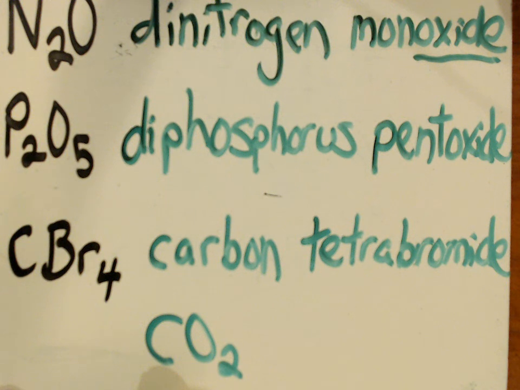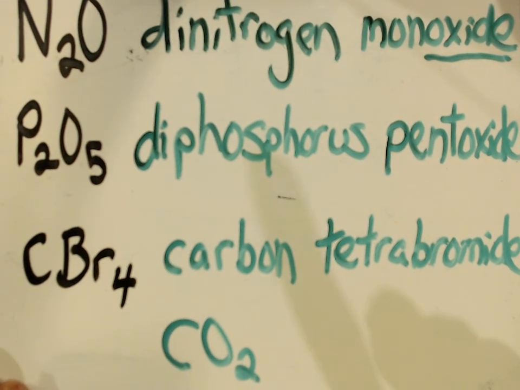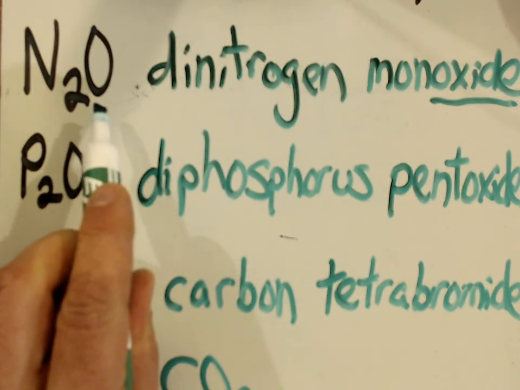It has not been called, and you've never called it monocarbon dioxide. In fact, if you heard somebody else call this monocarbon dioxide, you might wonder who their teachers were. Okay, so this is simply carbon dioxide. Similarly, this is carbon tetrabromide, and that is the only rule I would say. Do not use mono for the first element ever. Only use it to represent 1 of the second element.